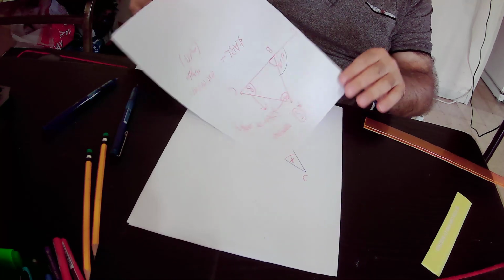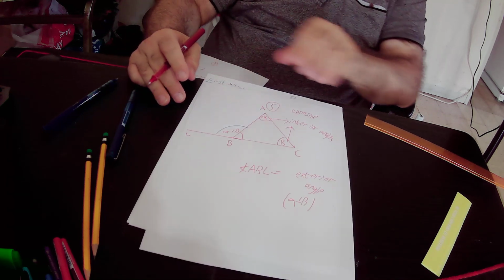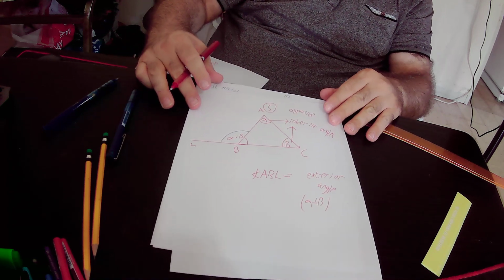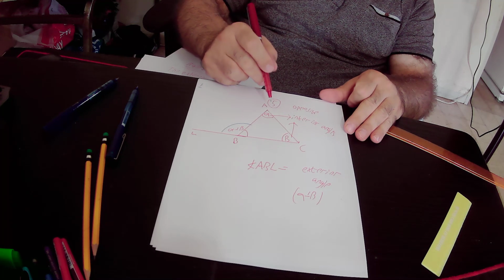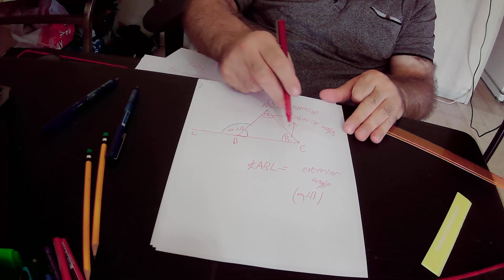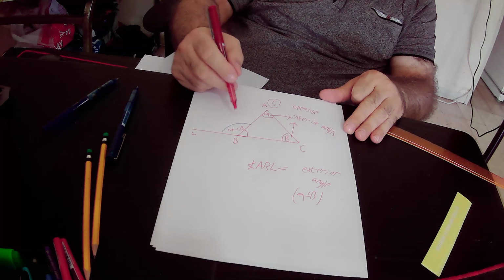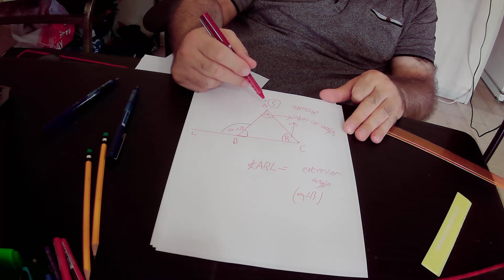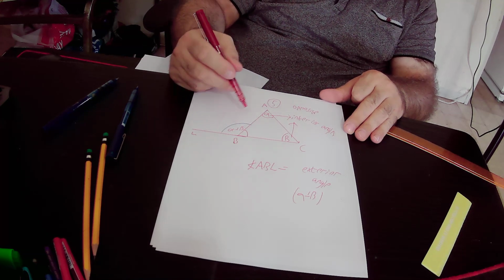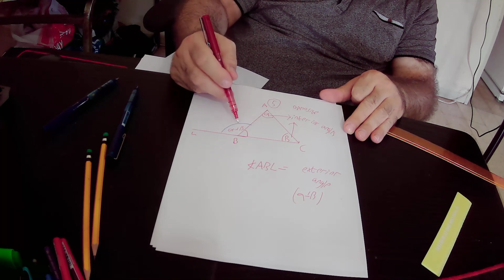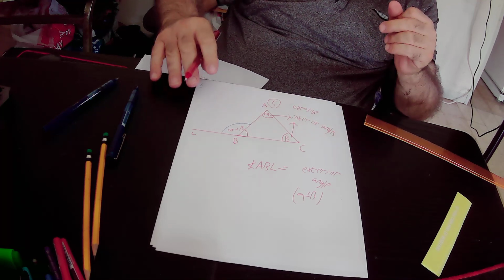Okay, again, according to rule number 2, the sum of the two opposite interior angles, alpha plus beta, equals to the exterior angle ABL.